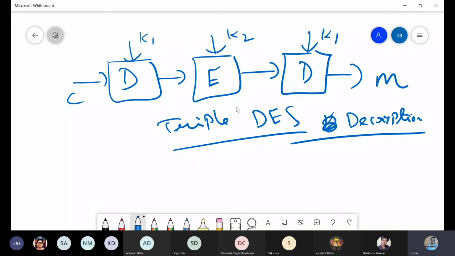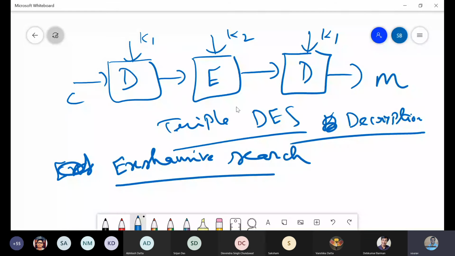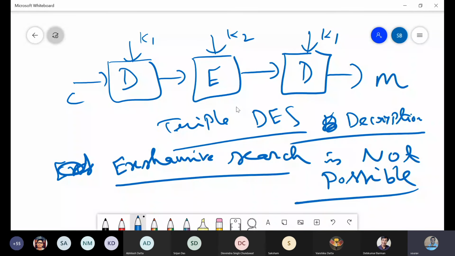Okay, so is this secure? Well, this is secure in terms of exhaustive search. Exhaustive search is not possible, even if we have many processors, because the key size is 112.